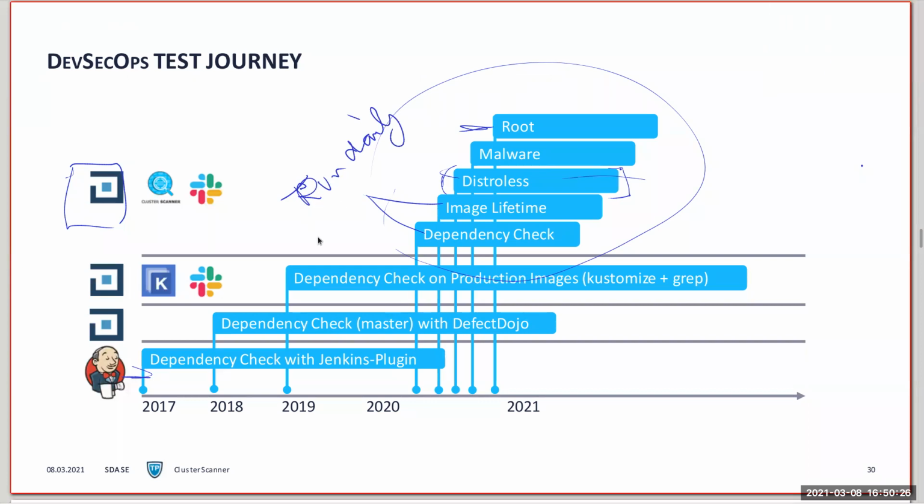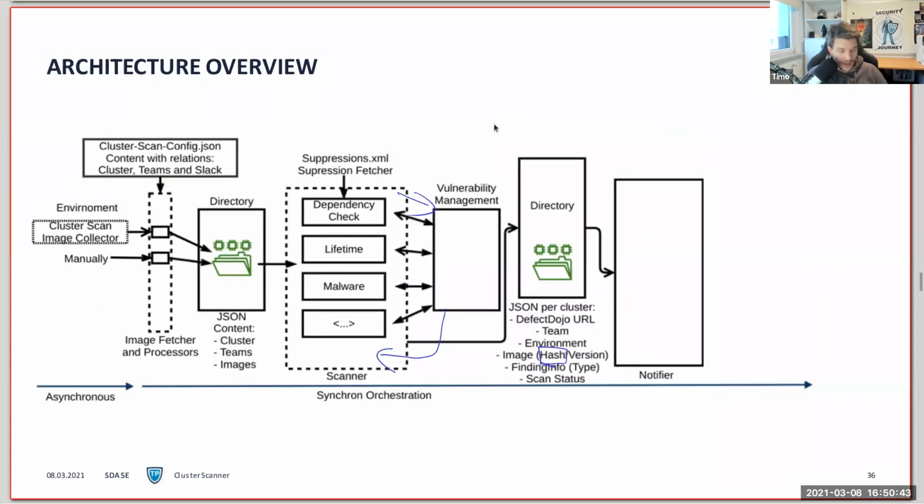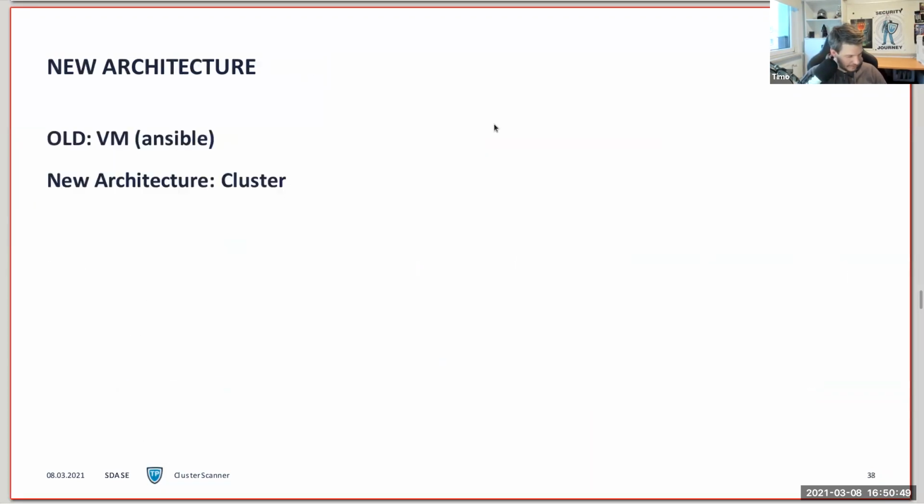But these can change. While the distro-less and the root one won't change for an image which you have checked already. So you could, for example, cache the result because it wouldn't change for a specific image. That's what I might highlight in the next minutes also here.